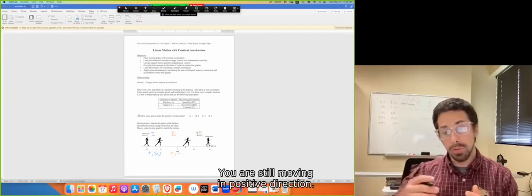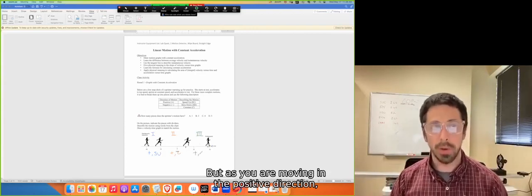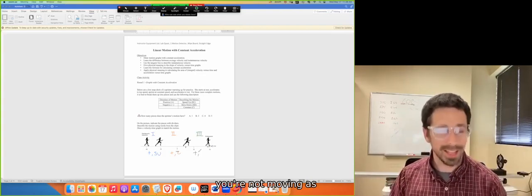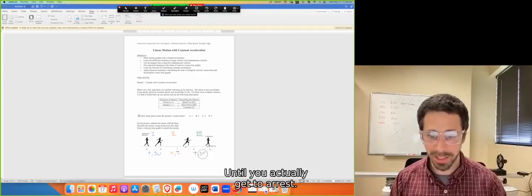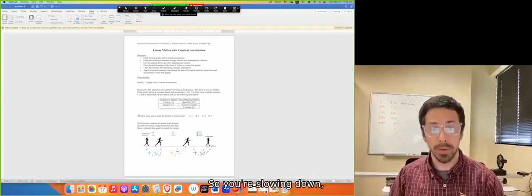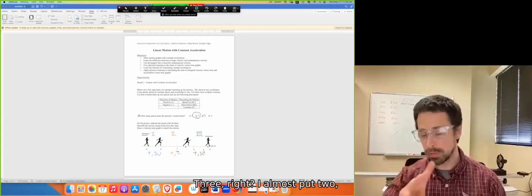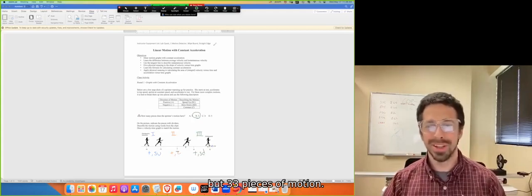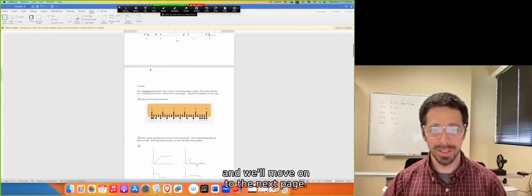You are still moving in the positive direction, but you're not moving as fast as you were just a few seconds ago, until you actually get to rest. So you're slowing down, which to me says this sprinter has 3 pieces of motion. I almost put 2, but 3. All right, I'm going to clear this and we'll move on to the next page.